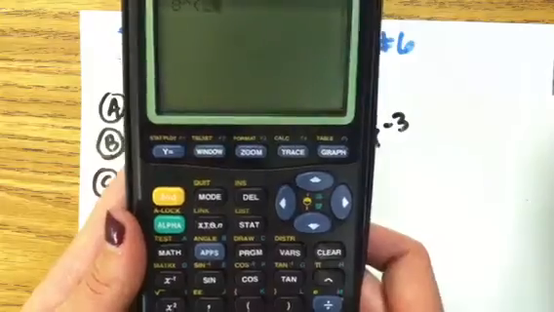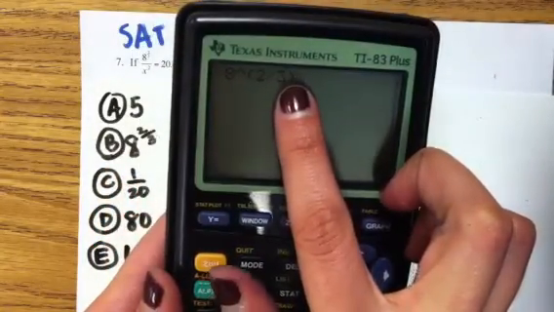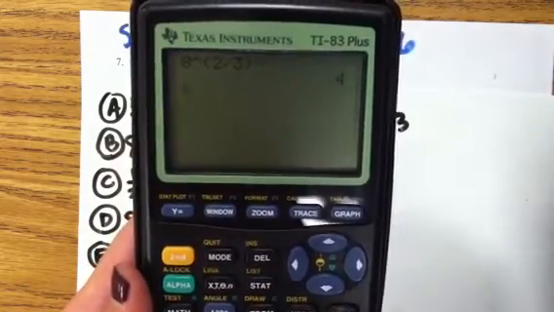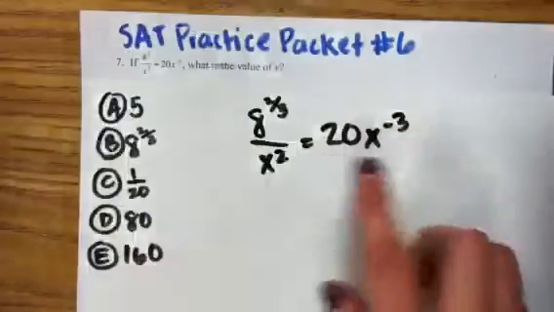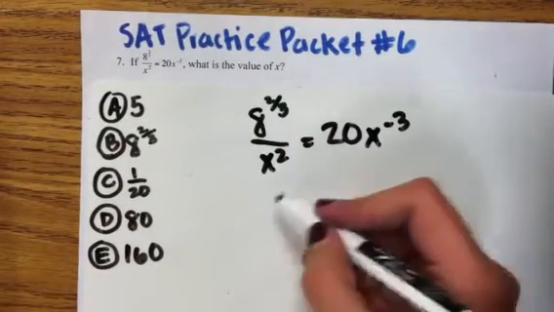So we're just going to say 2 divided by 3. Remember to put it in parentheses in order for the calculator to give us the right answer. And we get our answer to be 4. So here we simplified 8 to the 2/3 into 4.